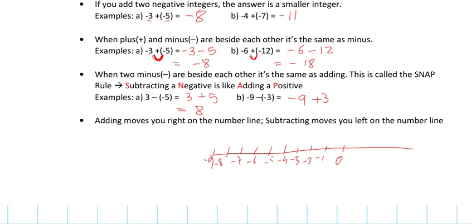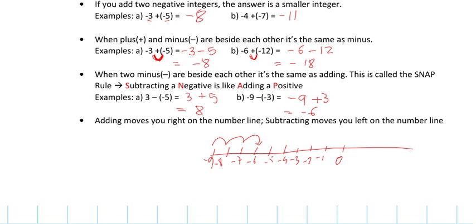It's like you're at 9 below ground, but you're going up 3 levels. I'm adding 3. So I'm adding 1, 2, 3, right? So that makes me at -6. Okay? Is that good? All right.